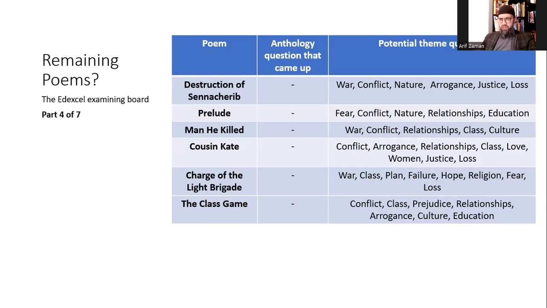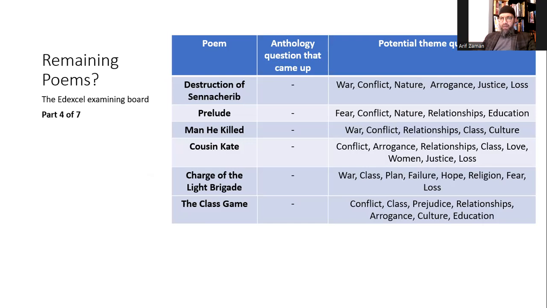Now, if you look across the potential themes, conflict technically should be in all of them. War is in Destruction of Sennacherib, Man He Killed, and Charge of the Light Brigade. We have prejudice in the Class Game.